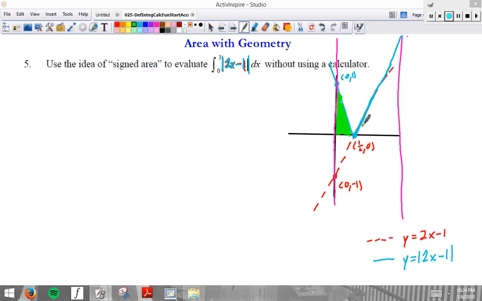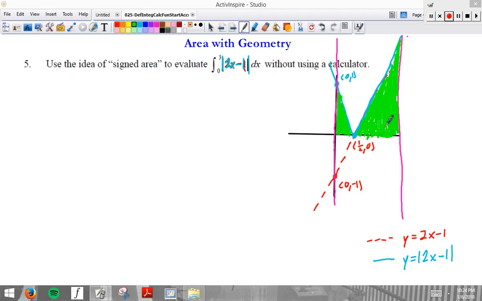The same thing over here. It's just going to be this big old shape. I should have used a different color.